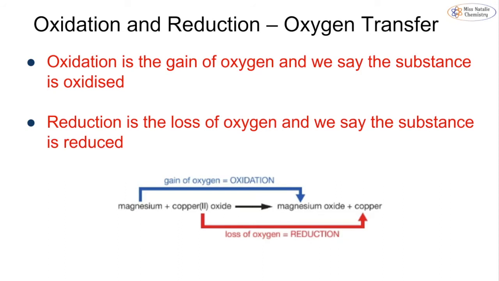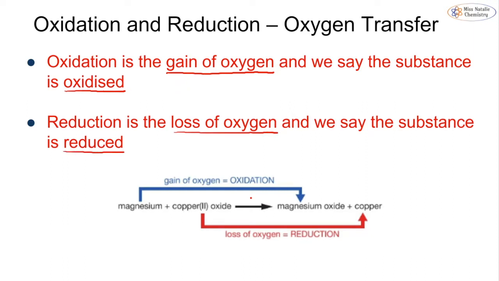So when we're looking at oxidation, what we actually mean is that the substance is gaining oxygen. And we say that the substance has therefore been oxidized. The opposite of that would be reduction, and that is the loss of oxygen, and we say that the substance is being reduced.